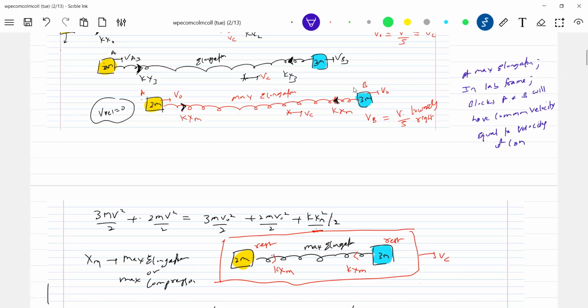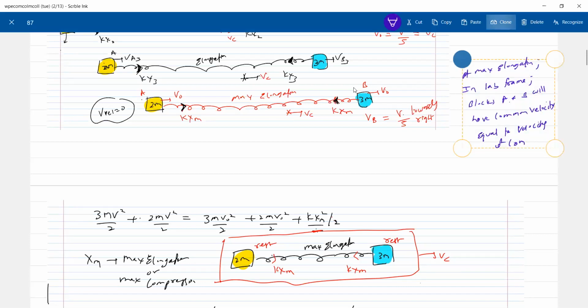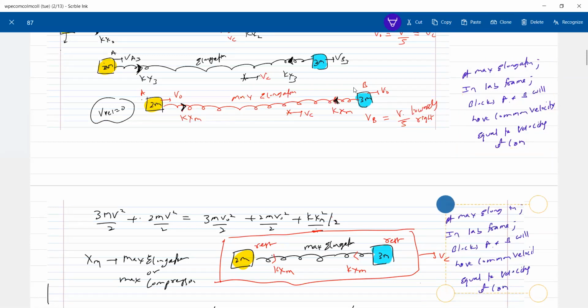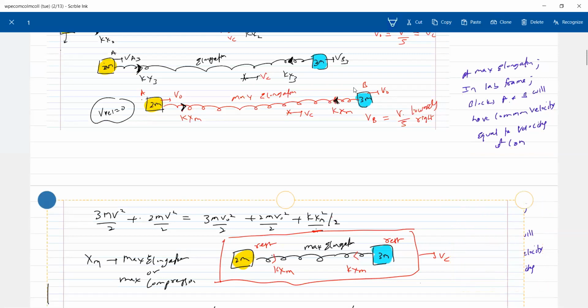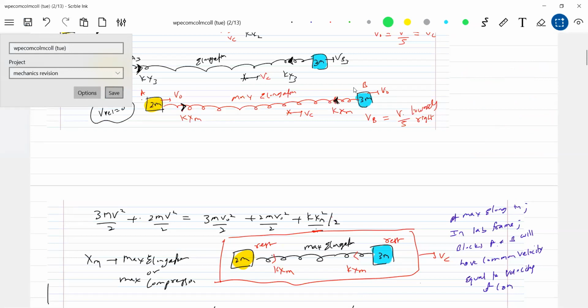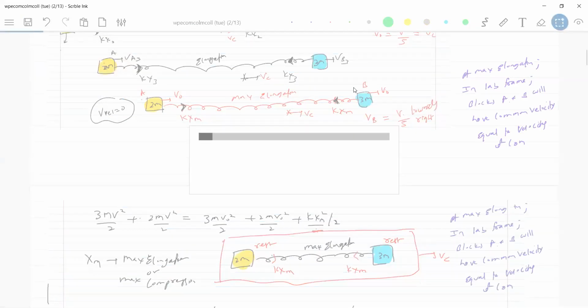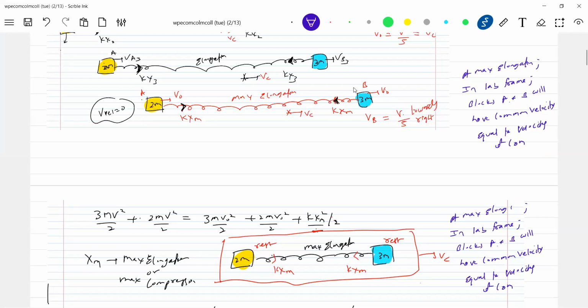And at maximum elongation in the C frame, blocks A and B will be at rest.